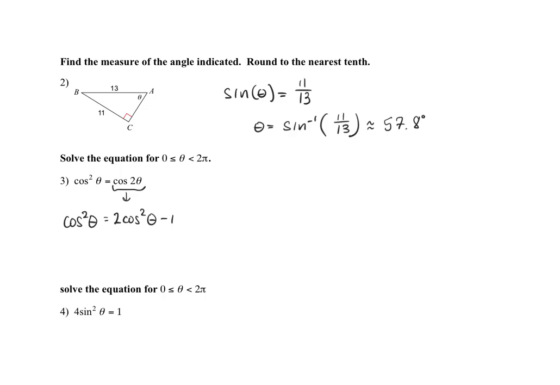And then if I get one side equal to 0 by subtracting cosine squared on both sides, then add 1, and then square root.